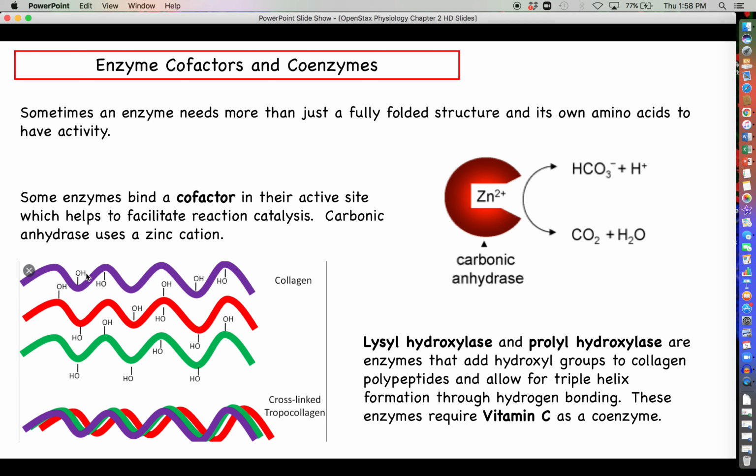So once these collagen polypeptides are made, two different enzymes called lysyl hydroxylase and prolyl hydroxylase attach a whole bunch of hydroxyl groups to the polypeptides, and then you get those polypeptides to stick together by a whole bunch of hydrogen bonds. Well, these two enzymes we're mentioning here require vitamin C as a coenzyme. And if you have a vitamin C deficiency, those enzymes are not going to work correctly, collagen's not going to get made properly, and you're going to end up with scurvy.